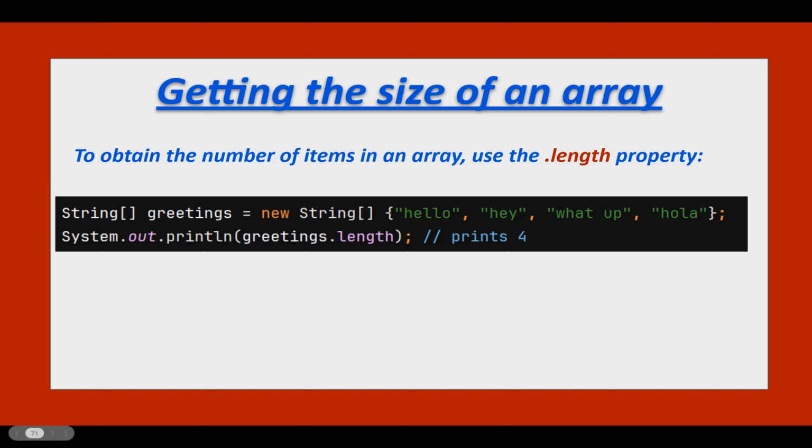If we type greetings.length, it gives you the number of items in the array, and the data type is an integer. So greetings.length will be an integer, and here it's going to print 4. Let's look at this one in code.